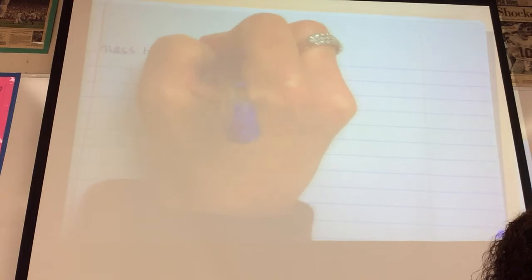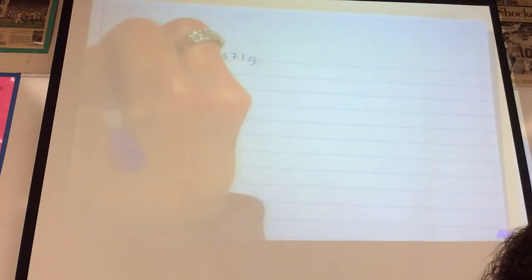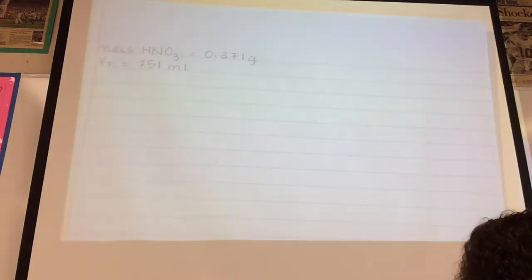We're just taking one step back. The mass of the nitric acid powder that you have in the chemical storeroom is 0.371 grams, and the total volume is 751 mL. You want to calculate the pH.